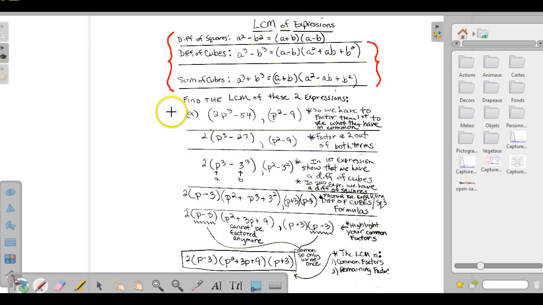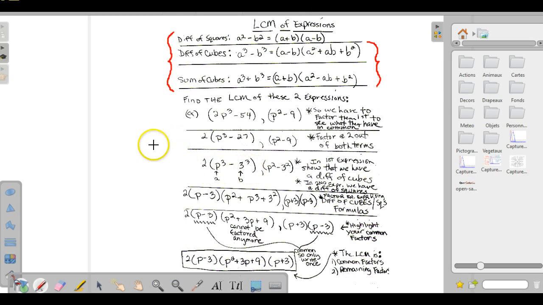So let's go ahead, and this was the example in your book, and they said to find the least common multiple of these two expressions. When they're asking for the least common multiple, they want to know what number, and the number is going to just look like a bunch of factors, but what number will both of these expressions go into?